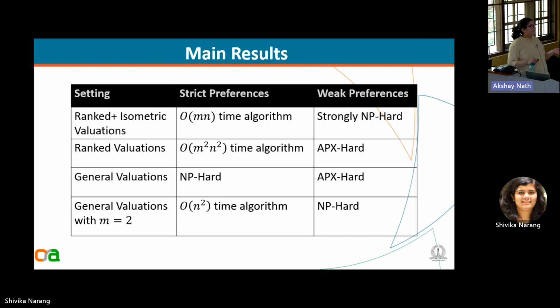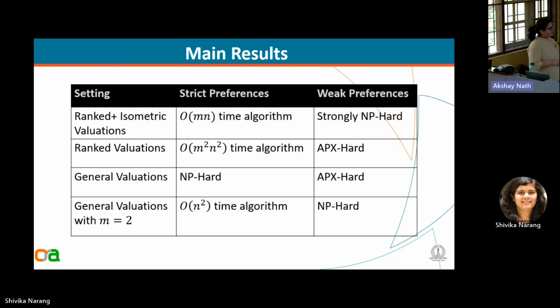But if you relax strict preferences to weak preferences, you not only cannot get approximations, you cannot get any polynomial approximation. And now at this point, you might be thinking, is strict preferences doing the heavy lifting? Yes, but without ranked valuations, you still cannot do it, because with just strict preferences that are not ranked, the problem is still NP-hard. The APX-hardness is just inherited here.